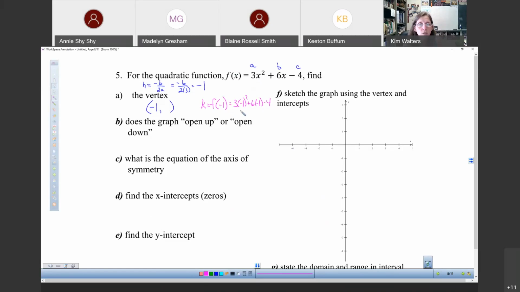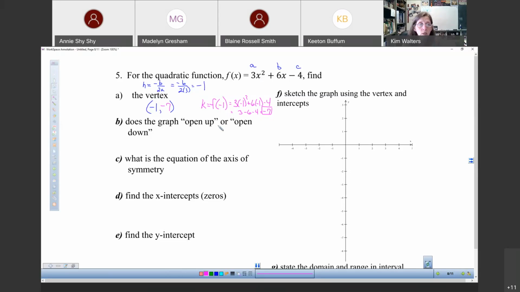And so this is going to be 3 minus 6 minus 4, and that's going to give me a nifty value of negative 7. And so that is the k part of my vertex. It's just a point on the graph, guys. It's nothing strange or mystical. Like I said, you can probably Google search and find a formula, but the formula made my head hurt the first time I saw it. And I was like, I am so not memorizing that.